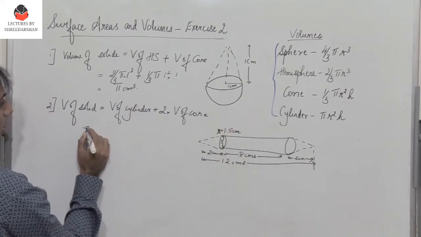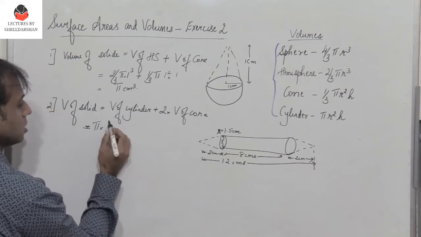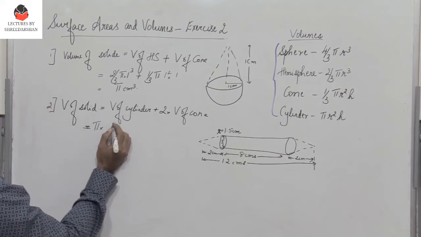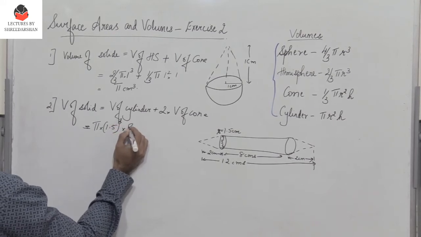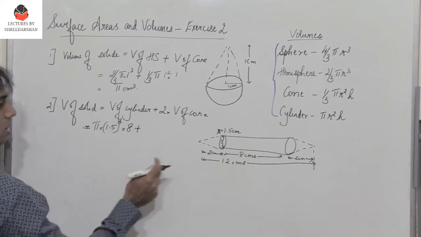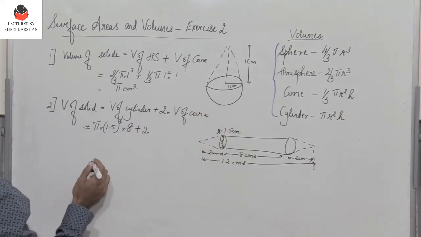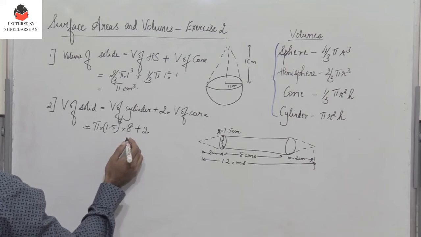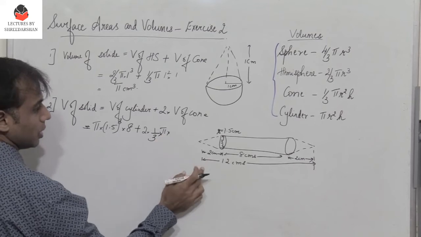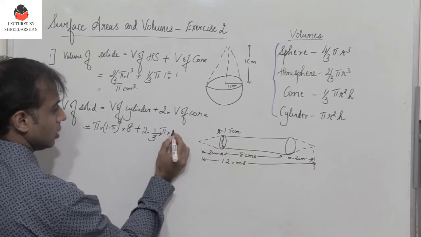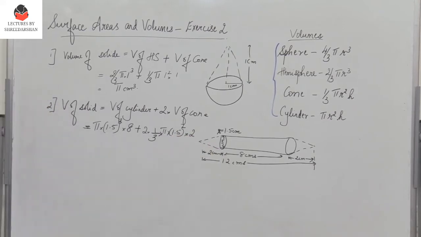It is pi r square h. The radius is 1.5, so it is 1.5 square into h, which is 8, plus 2 into the volume of cone. The volume of the cone is 1 by 3 into pi into r square, again 1.5 square, into h. h is 2, the height of the cone.